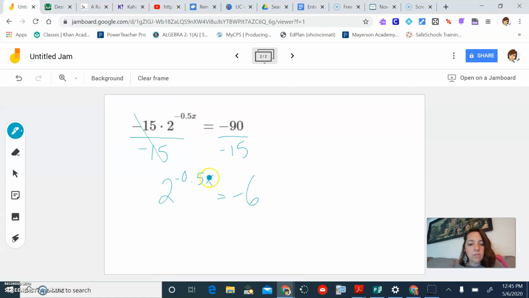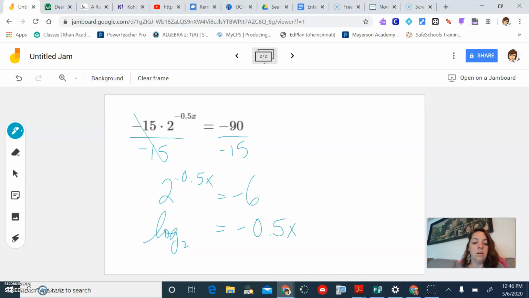All right, and now to get this x out of the exponent, once again, we will take the log. Oh, let me put it this way. You can take the log base 2 of both sides, which is not a method I've been showing you because I've just been using the definition of rewriting an exponential as a logarithm. So that's what I'm going to do here. Log base 2, it's going to equal the exponent.